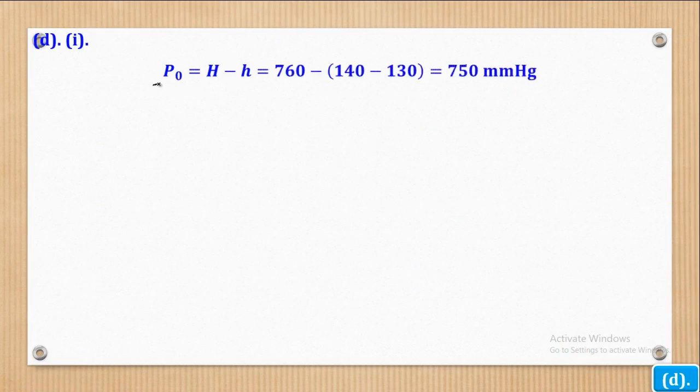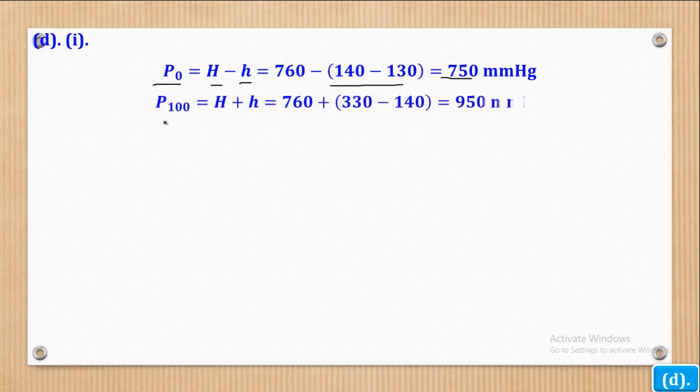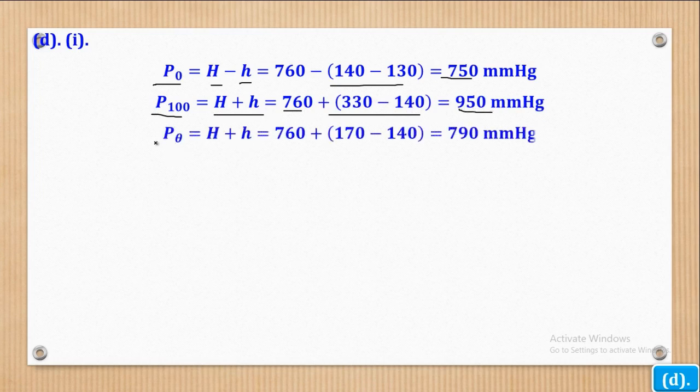So pressure at ice point is capital H, which is atmospheric pressure, minus the difference in mercury levels in both limbs, which is this. So we'll come up with 750 millimeters of mercury. What about at steam? So it will be this plus the difference in mercury limbs, which is that. Then at an unknown temperature, it is this, which gives you that.